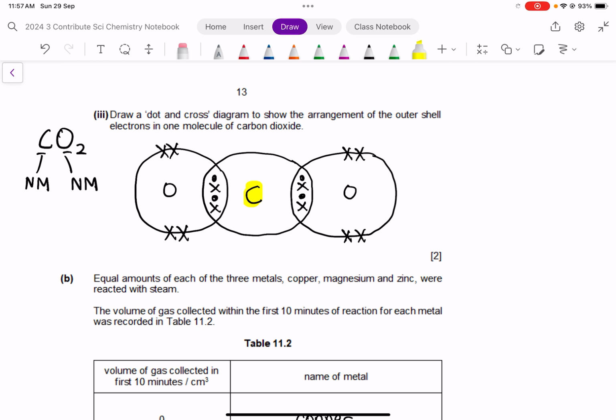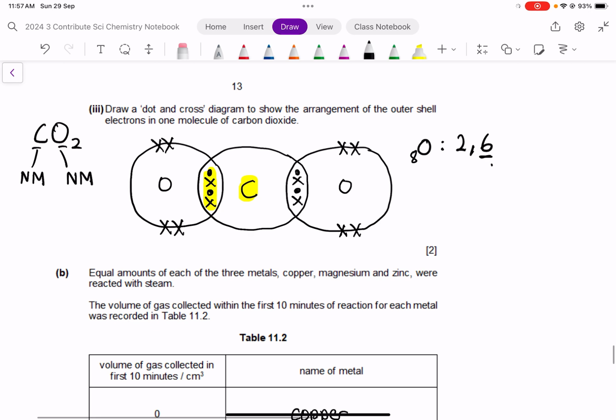The next step is oxygen is at the sides. We overlap the shell. How do you decide how many electrons you must share? We look at oxygen at the side. Oxygen, 8 electrons. The electronic configuration is 2, 6. 6 outer electrons. It needs 2 more.